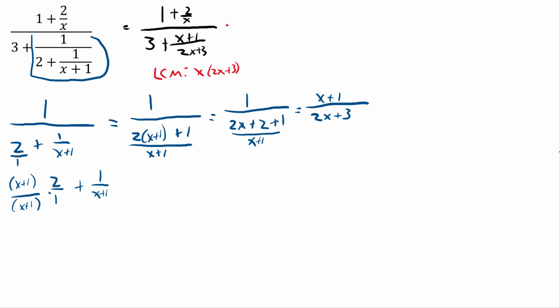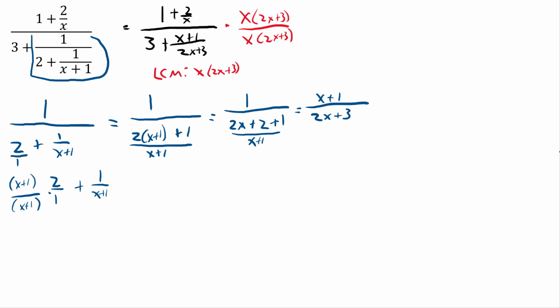So we're going to multiply x times 2x plus 3 all over again x times 2x plus 3. Okay. And then we just need to multiply this out.